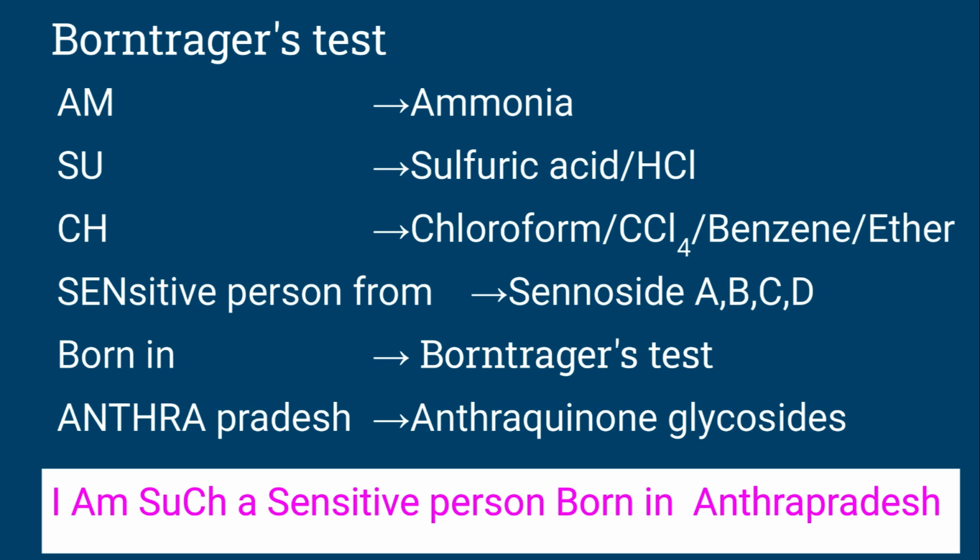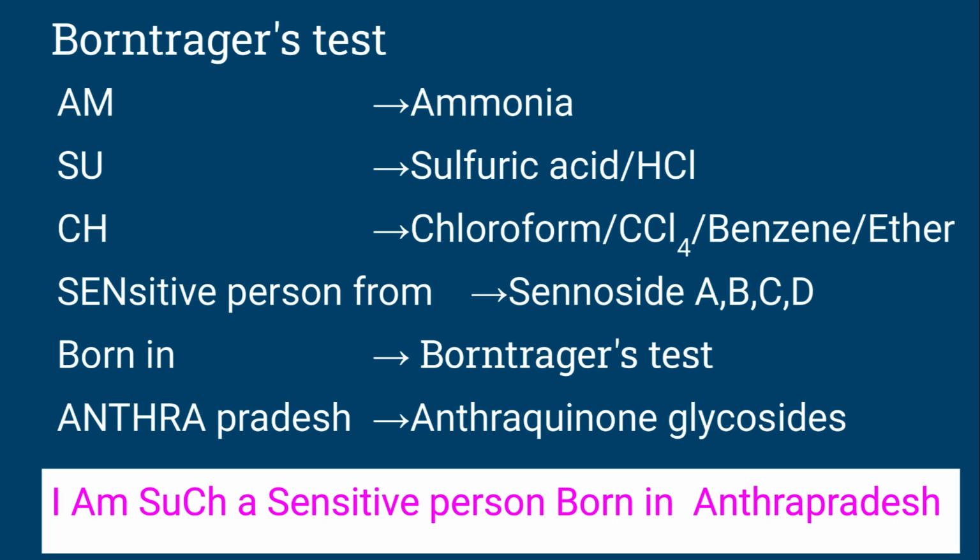For competitive exams, the procedure of the test is not important, but we have to remember the reagents used in that procedure. So, I will not explain the step-by-step procedure of the tests. You can see the reagents used in Borntrager's test.